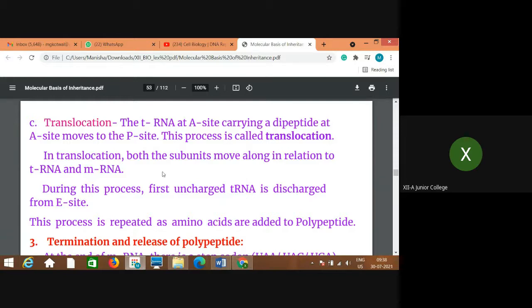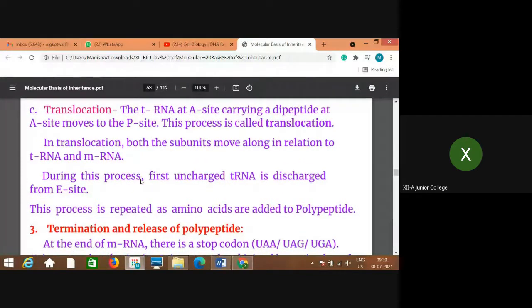In translocation, both the subunits move along in relation to tRNA and mRNA. So that's why I told you there is a movement of these subunits, that means ribosomes, from the 5 prime to the 3 prime end by one codon. So once the previous tRNA gets released out, the ribosome moves again by one more codon. In this way the movement occurs, and that is called translocation.